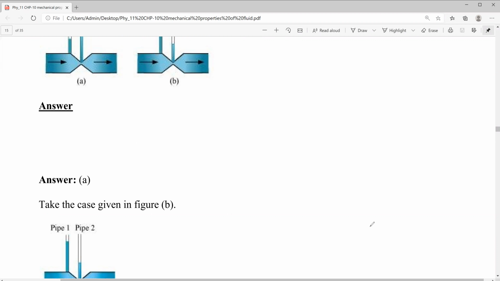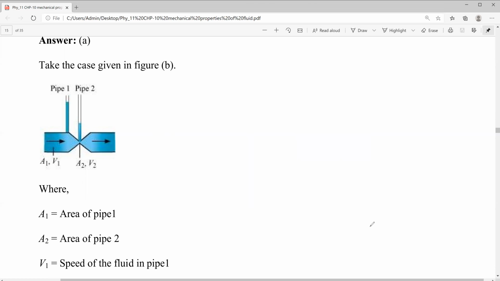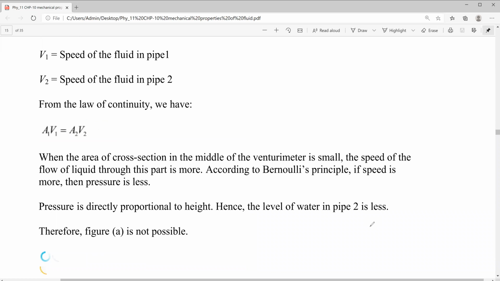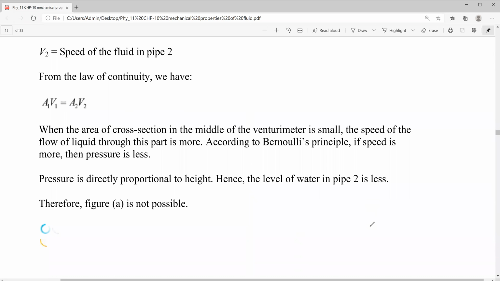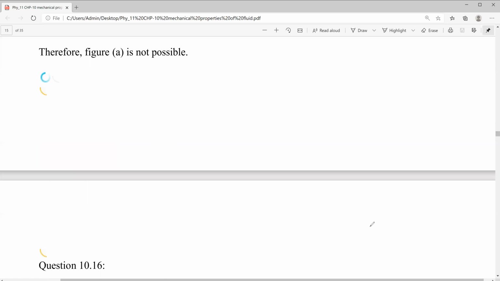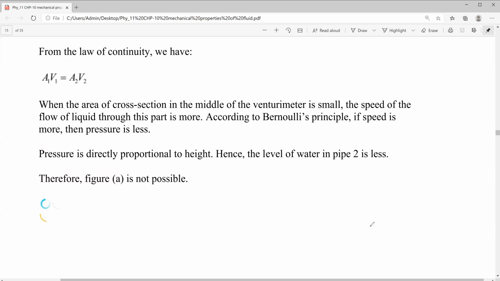Go through it and try to understand the concept, what is involved in it. And this is for A, and for the answer B, these are the reasons. Go through it and try to understand the concept.